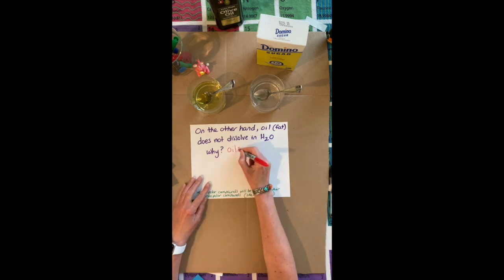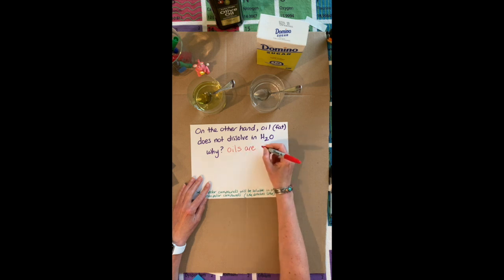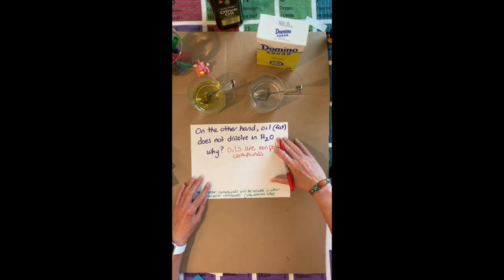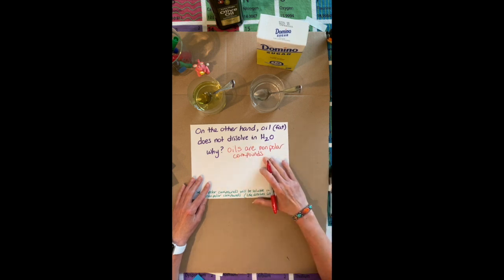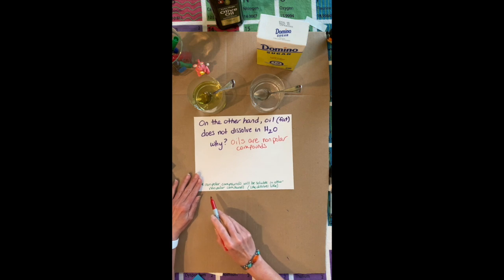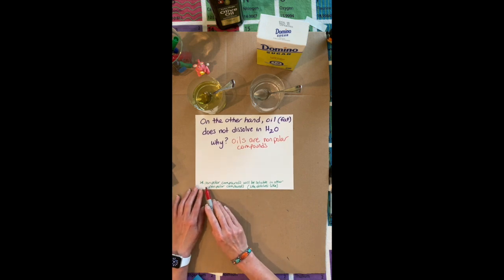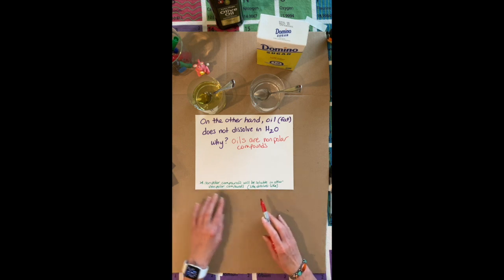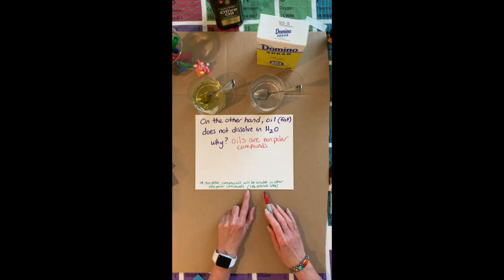Oils are non-polar compounds. And because water is polar and oils are non-polar, like dissolves like will not happen. So we can say here, though, non-polar compounds will be soluble in other non-polar compounds. So that's where the like dissolves like rule comes into place.